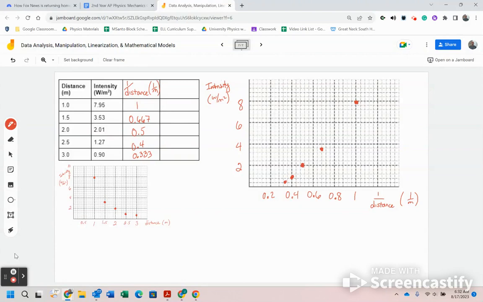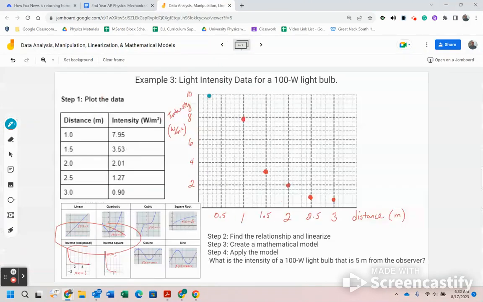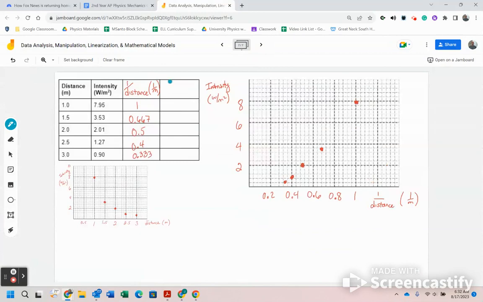So what we're going to do next is, if we go back to our original data set and look at this, the other option here would be an inverse squared relationship. So on the following page we are going to manipulate the data. So you have 1 over the distance squared, and then we will plot that and see how the graph differs. If it becomes a straight line, we can create a mathematical model and move on.